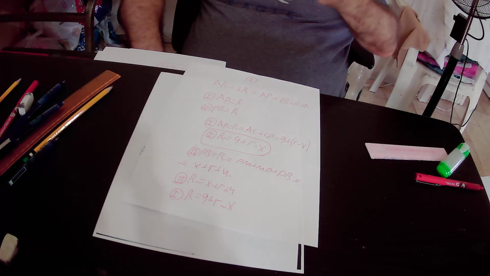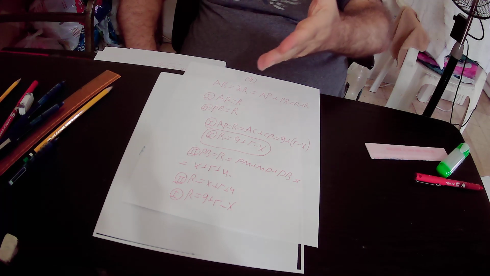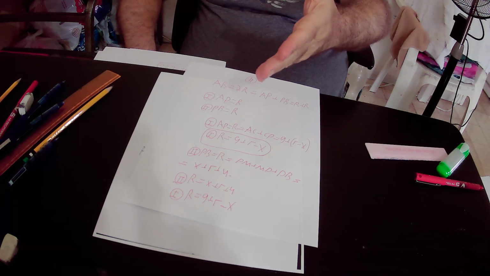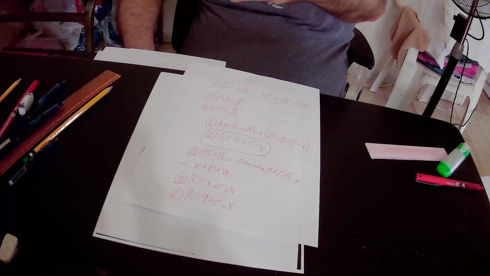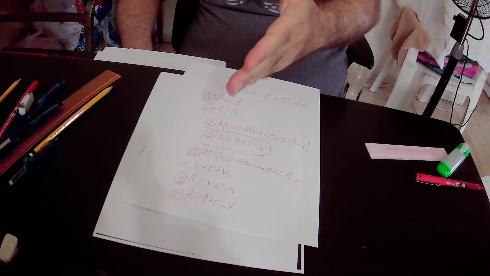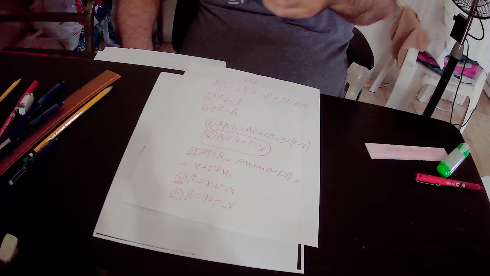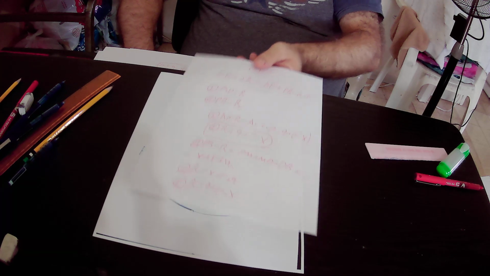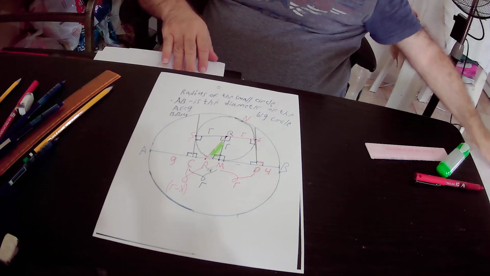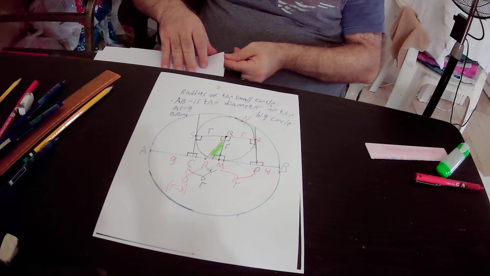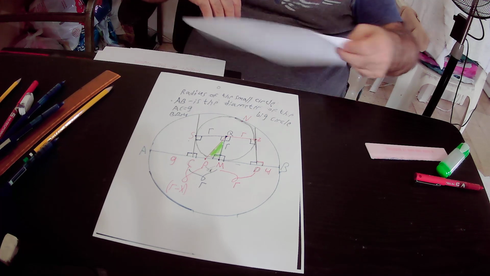So here we have two different expressions for the same radius. Of course they are equal to each other because we are talking about the same radius. So equation number 1 equals equation number 2, or capital R equals capital R. That is equation number 3.